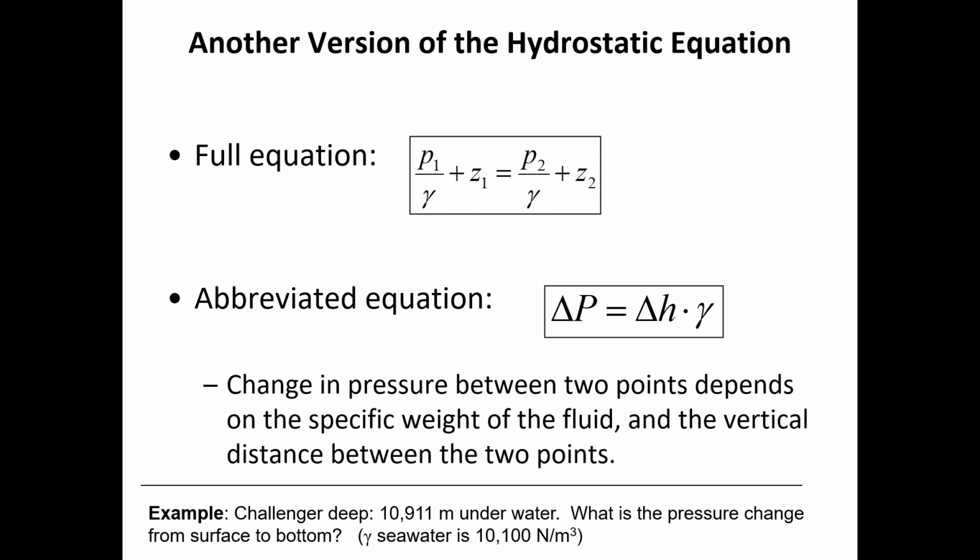Delta P is delta H times gamma. So the delta H is 10,911 meters. The unit weight of seawater, 10,100 newtons per meter cubed. So 10,911 times 10,100.